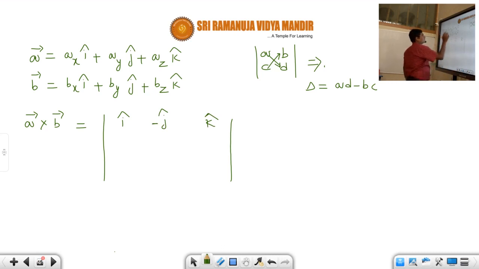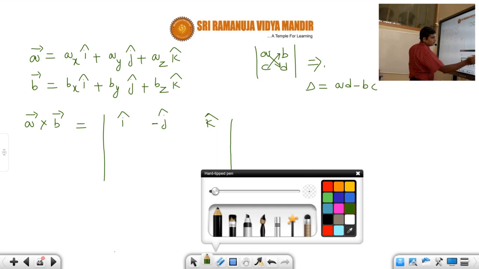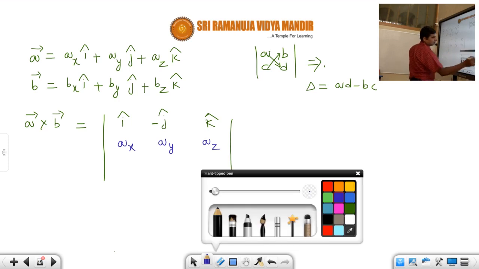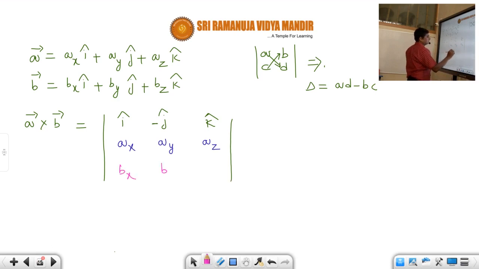Now write down the coefficients of I cap, J cap, K cap in the A vector. That means I am writing AX, AY and AZ. Next, I am writing the coefficients of I cap, J cap and K cap in B bar. This is BX, BY and BZ. So first we have to write like this.